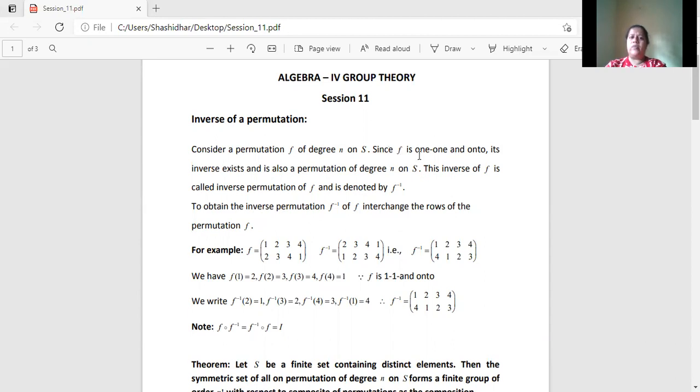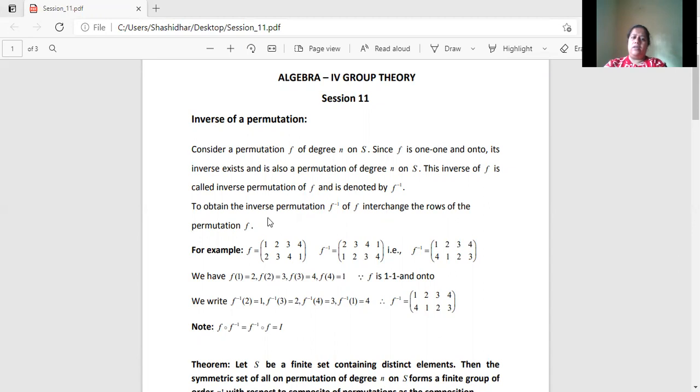When the function is 1, 1 and onto, its inverse also exists and is also a permutation of degree n on S. And this inverse of f is called inverse permutation of f, and that we are denoting as f inverse. This is the symbol for inverse of a permutation.